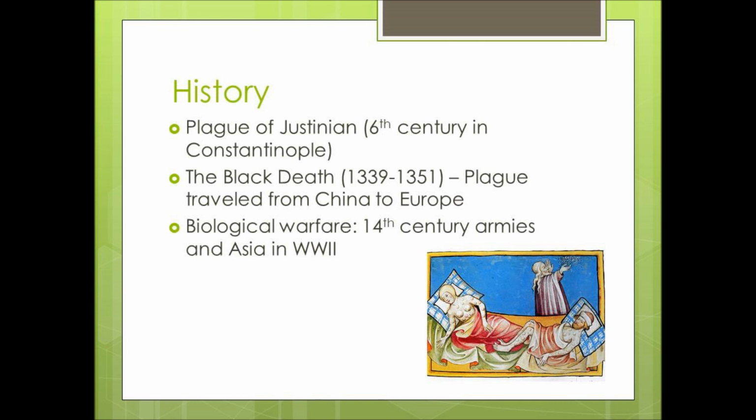Biological warfare in its earliest cases can be traced back to the 14th century, where it was recorded that armies were catapulting diseased corpses over the walls of towns and villages to spread the plague. In 1940, the Imperial Japanese Army Service bombed Ningbo, China, with fleas carrying bubonic plague.